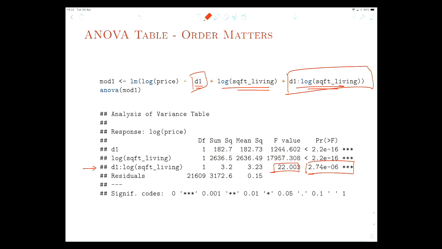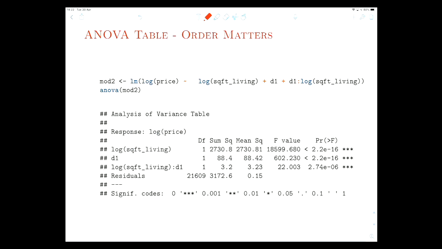If you want to do that, then this ANOVA table is not really helpful because we have the log square foot living area fitted in the middle. So we can change the order slightly: first have log square foot living, then D1, and then the interaction. If we do that, we can now use this ANOVA table to carry out that same test.